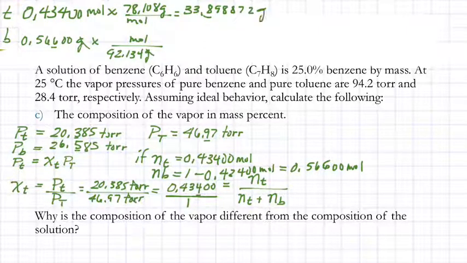That's grams of toluene. And then this one, 92.134, and that's not grams, that's moles. Moles cancel. 0.566 times 92.134.